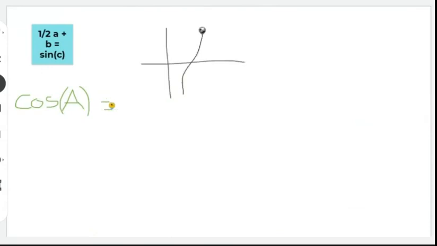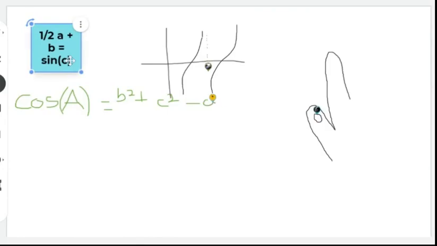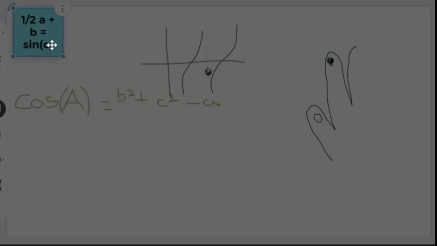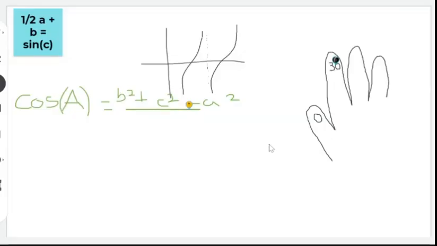Someone's put a half A plus B equals sine C. What formula is this on the second page? Or maybe there's an error with the formula that you meant, perhaps? Is it to do with triangles? It is to do with triangles. I think the thing that the person was going for was, what do you call it?